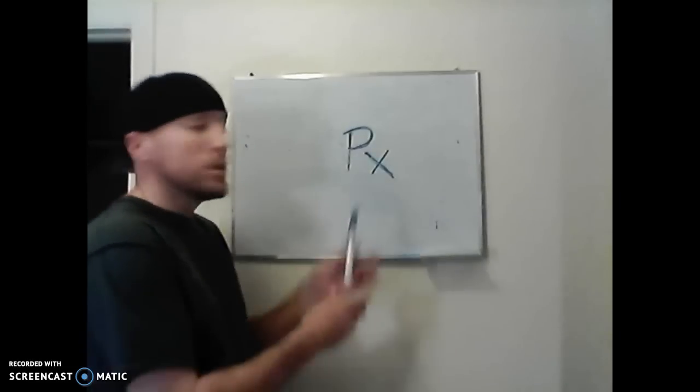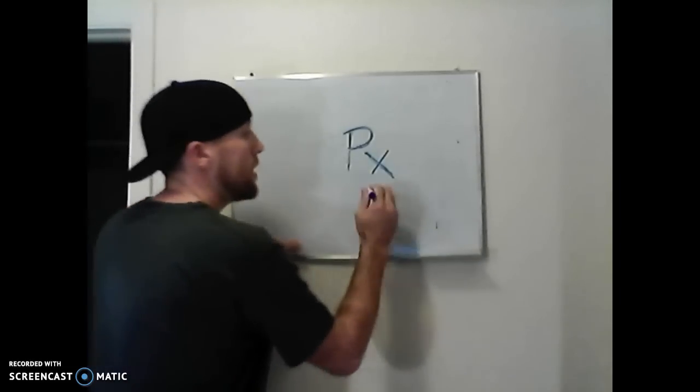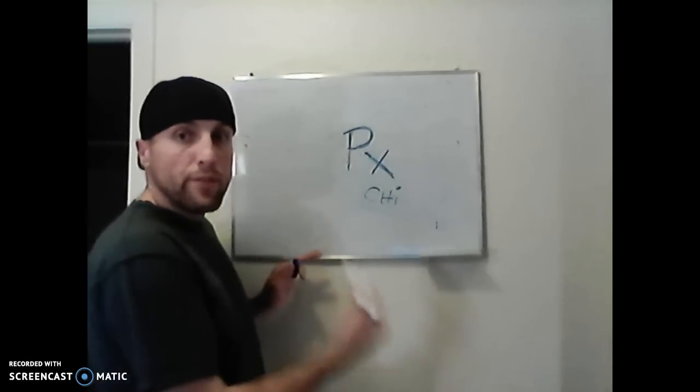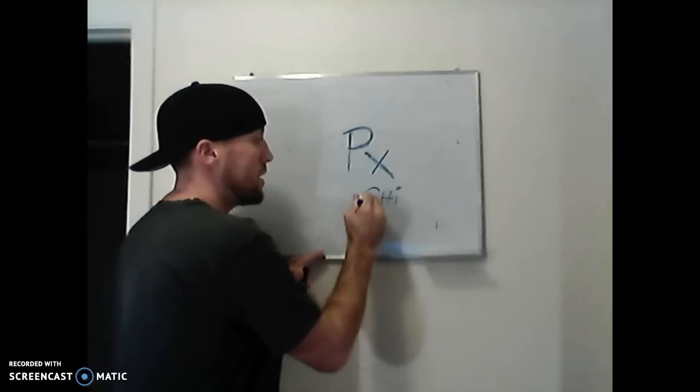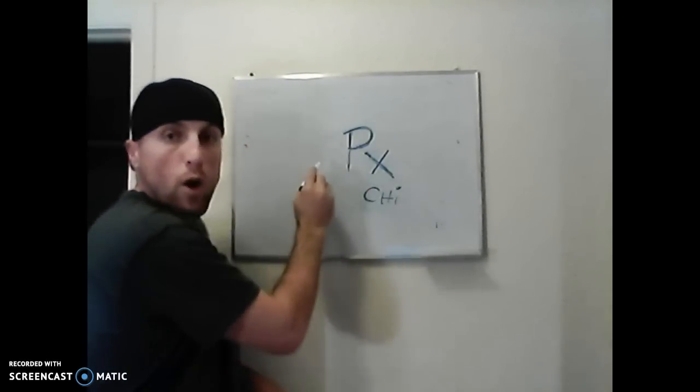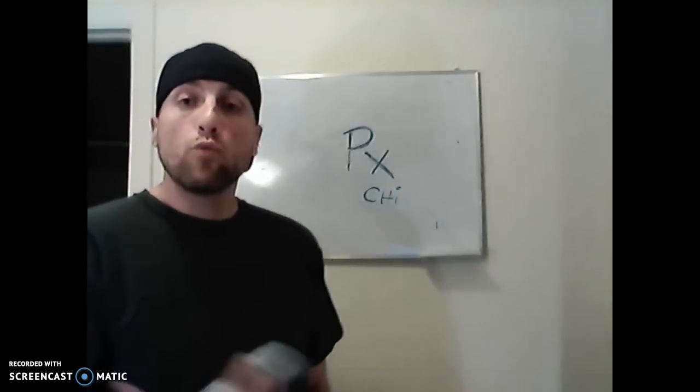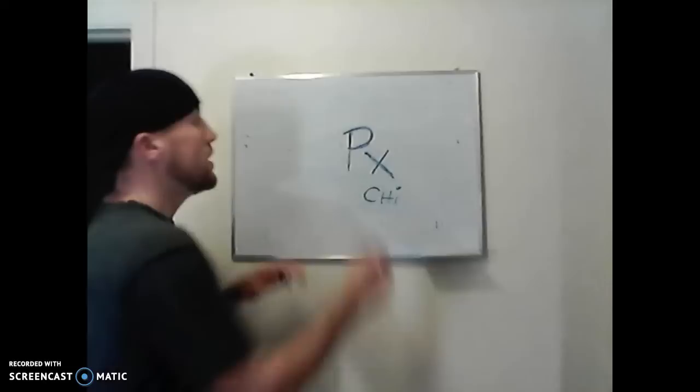Chi is life force, right? Like China, chi na literally means our life force. So this is the word chi, or life force. This is the word rho. Even though it looks like a P in Greek, it's pronounced rho, R-H-O.